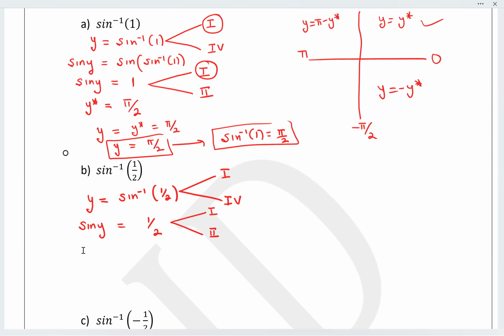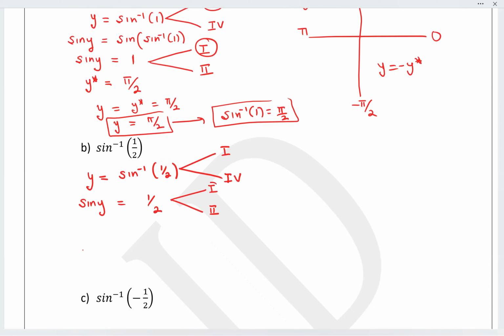So this is similar to what we just did. So now what is common? You see that the first quadrant is common, right? So since the first quadrant is common, then we can find what is y star. Y star will be an angle in the first quadrant. Y star is always in the first quadrant. So it's an angle in the first quadrant whose sine is going to be what?